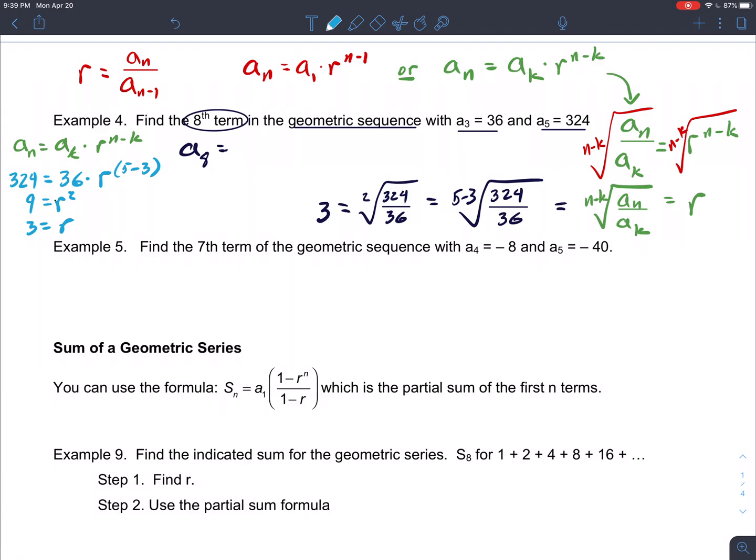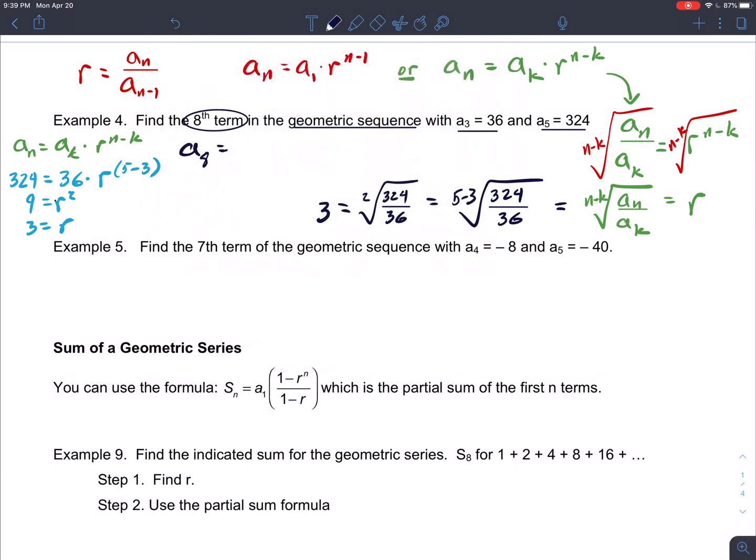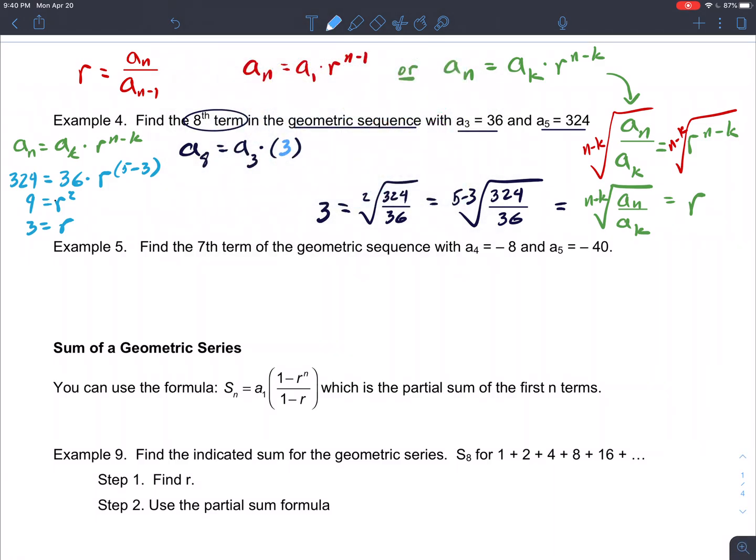I'm going to say a sub 8 is equal to a sub, let's use the third term, a sub 3. You can use any previous term here. A sub k is any previous term, times the common ratio r, which we know now is 3, raised to the 8 minus 3 power.